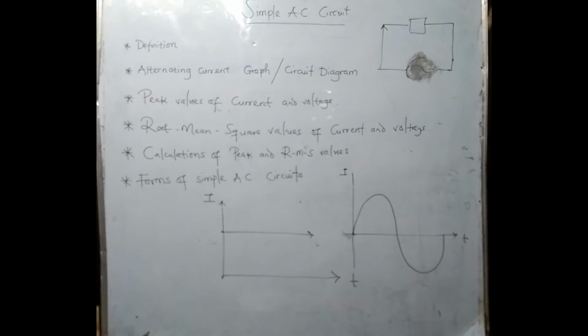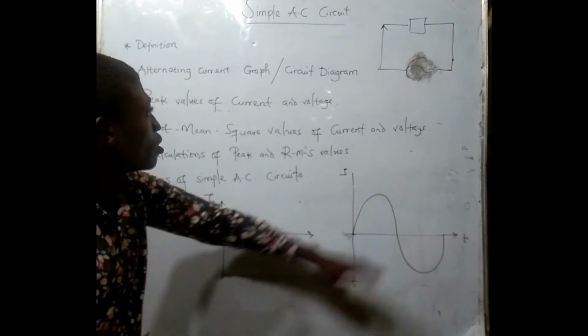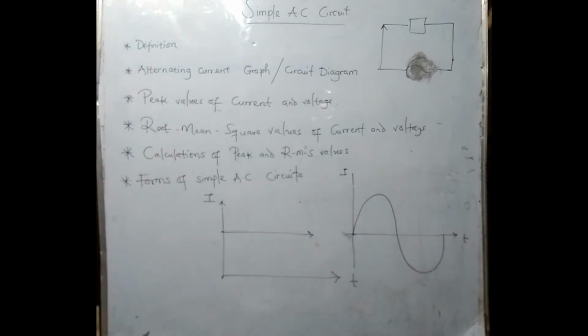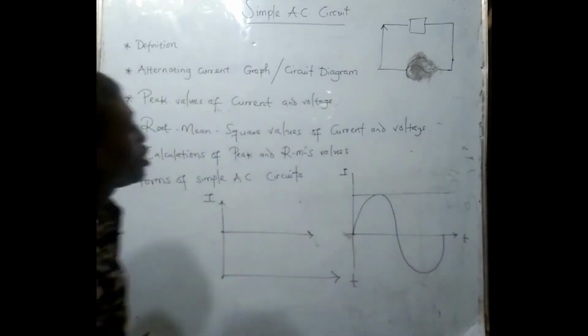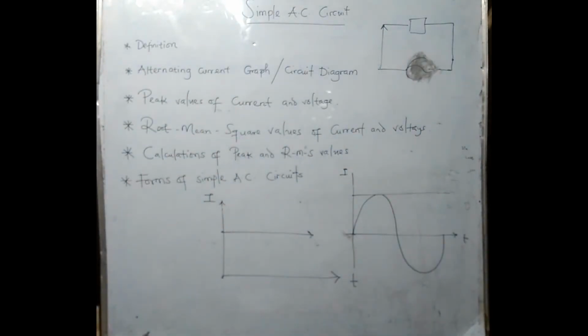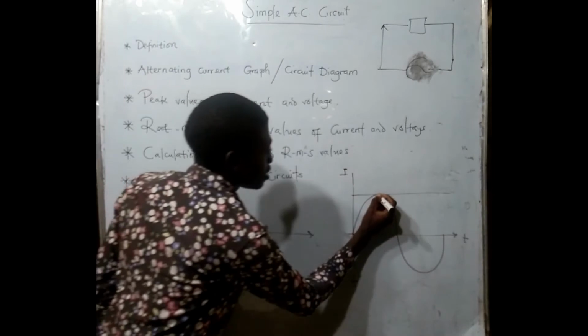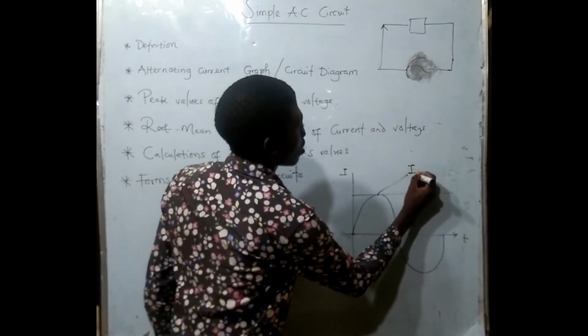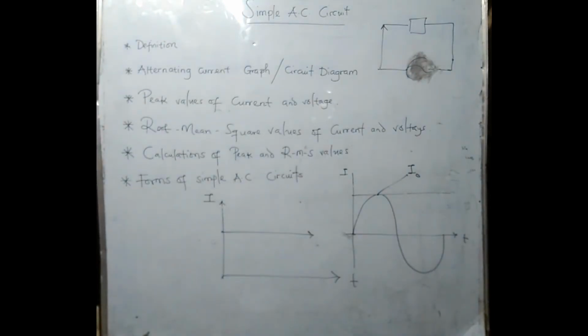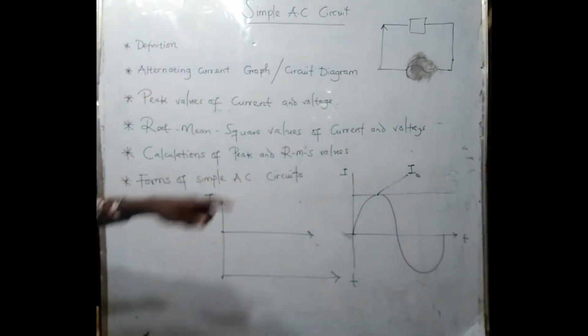So let's quickly consider what we mean by peak values of current and voltage. For the peak value of a current or a voltage, what we are referring to is just the maximum current that you can attain in your AC circuit, which is this point, and this is what we refer to as our peak value of current, our peak current.